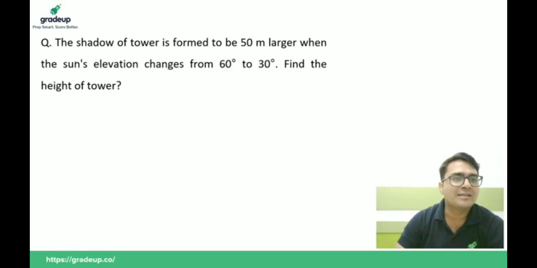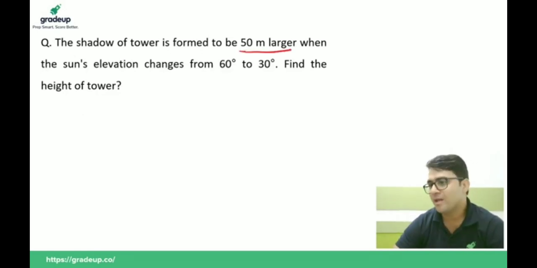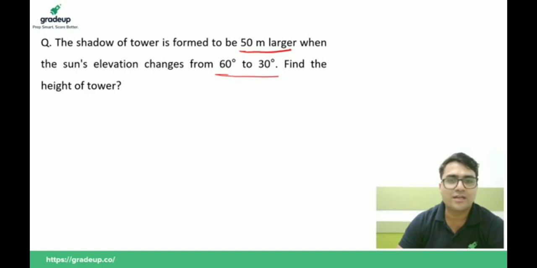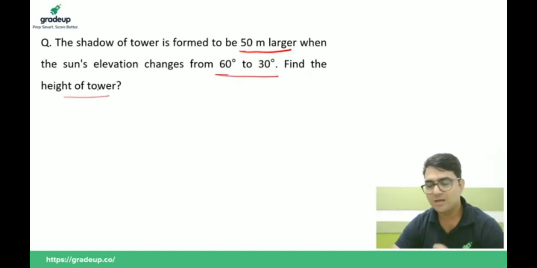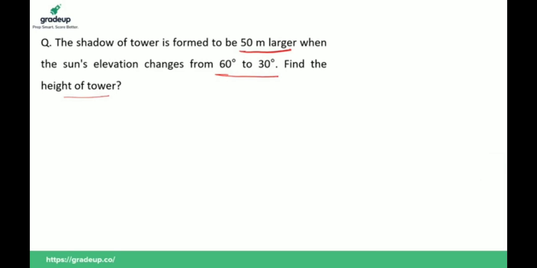In this question, the shadow of a tower is formed to be 50 meters longer when the sun's elevation changes from 60 degrees to 30 degrees. Find the height of the tower. Please, guys, try to solve this question first.